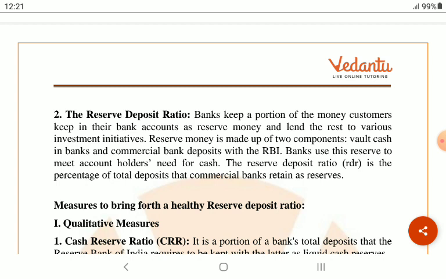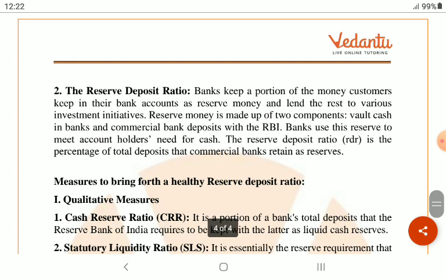Reserve money is made up of two components, that is vault cash in bank and commercial bank deposits with RBI. Banks use this reserve cash to meet account holders' need for cash. The reserve deposit ratio is the percentage of total deposits that commercial banks retain as reserves.